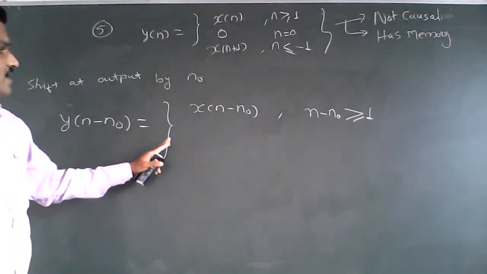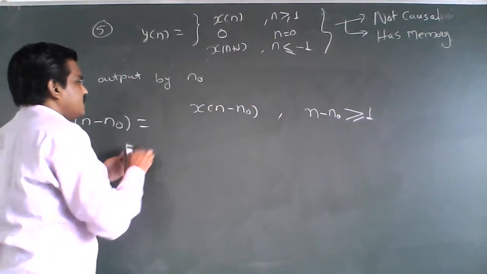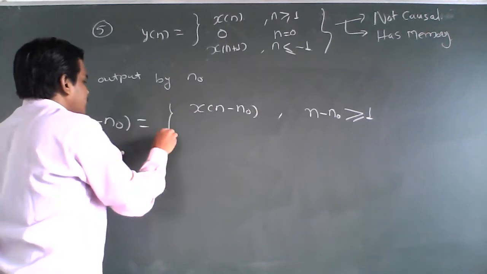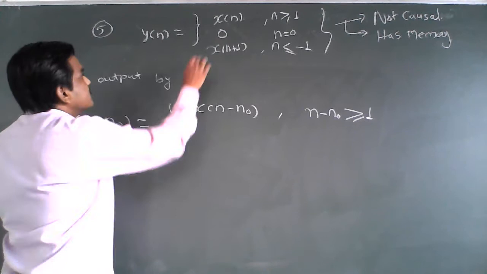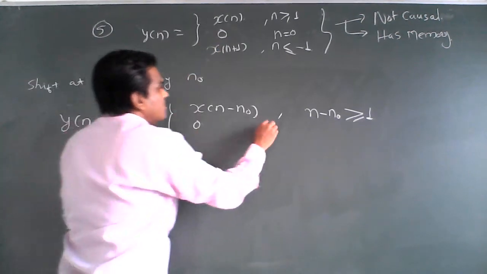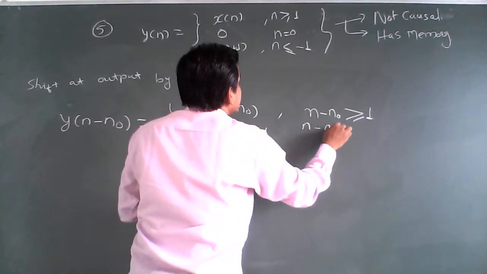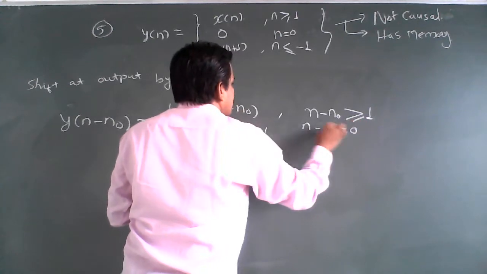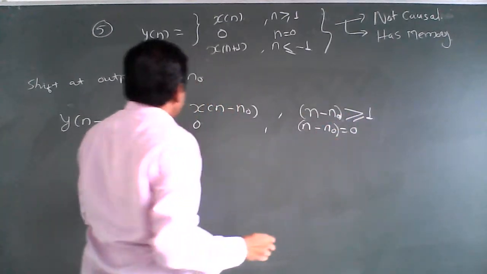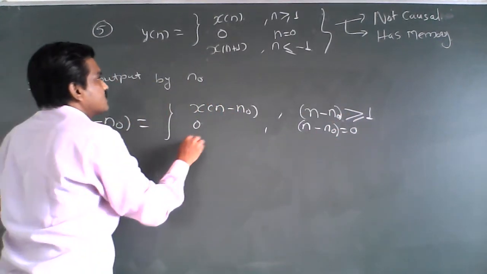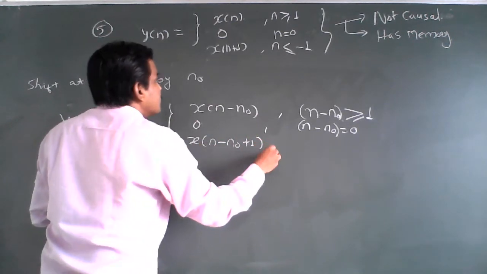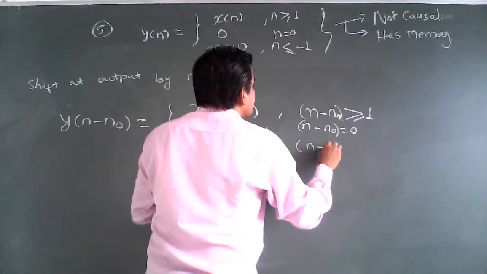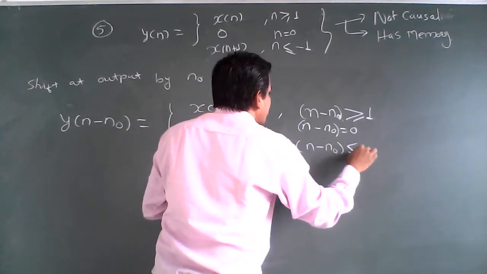I will make it smaller because we have to keep the shifted input also. It is equal to 0 for n minus n0 equal to 0, and equal to x of n minus n0 plus 1 for n minus n0 less than or equal to minus 1.